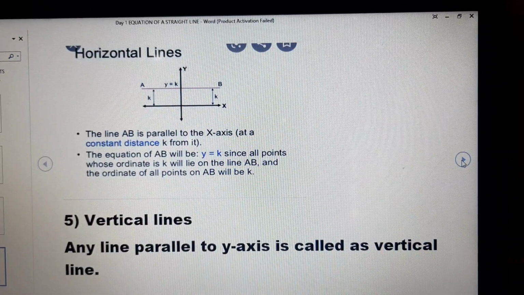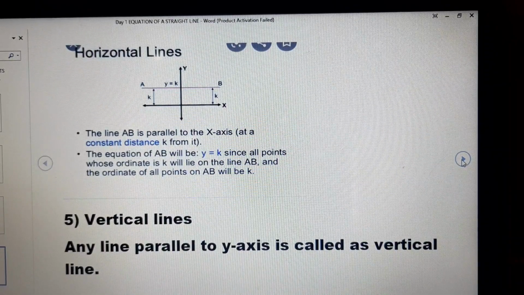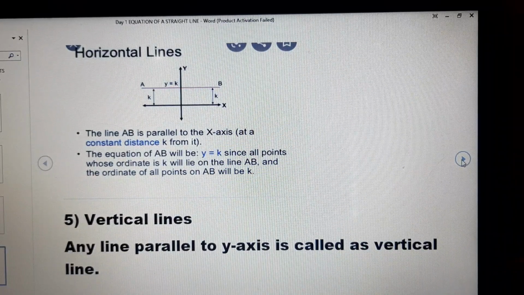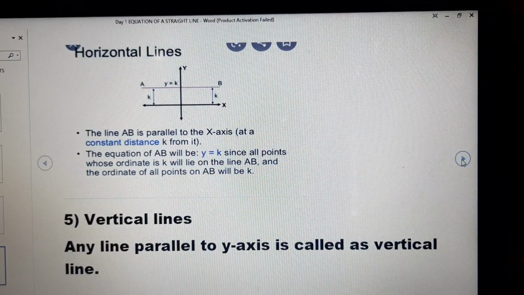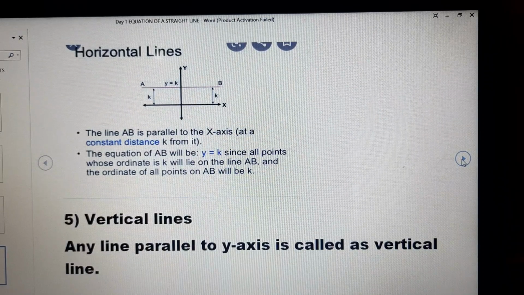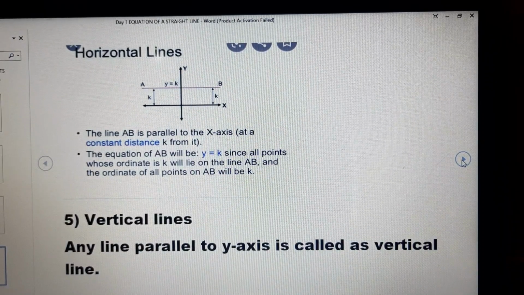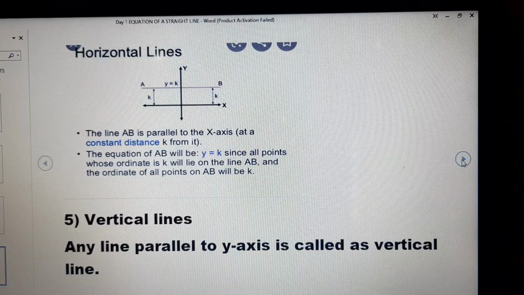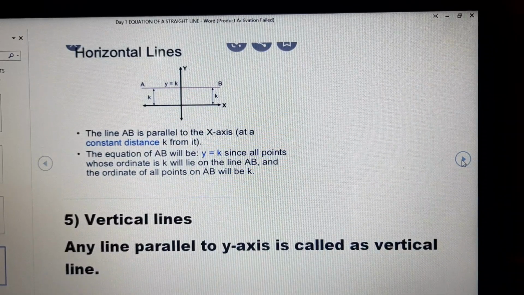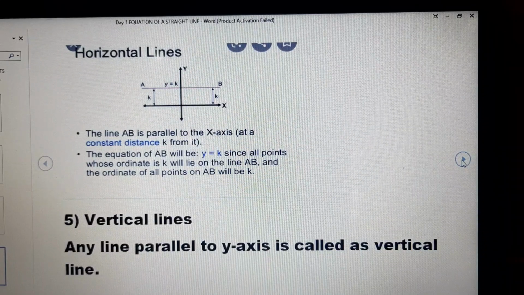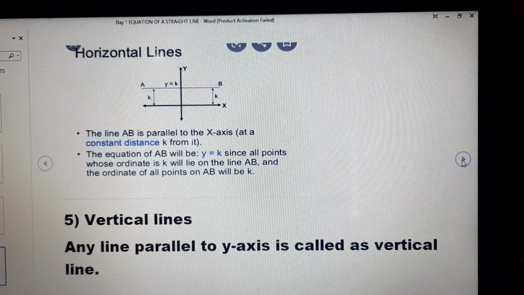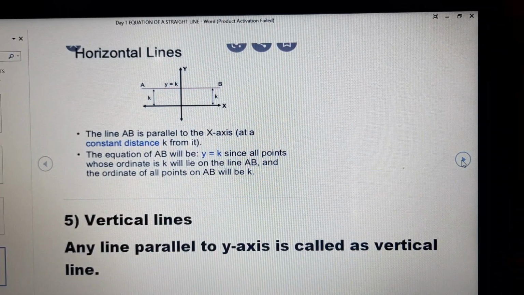So you have to remember that if a question is like this: find the equation of a line which is parallel to the x-axis and cuts a 2-unit intercept on the y-axis in the positive direction, then the equation will be y is equal to b, and b will be plus 2 here. That means y is equal to 2 becomes the equation of a line which is parallel to the x-axis.